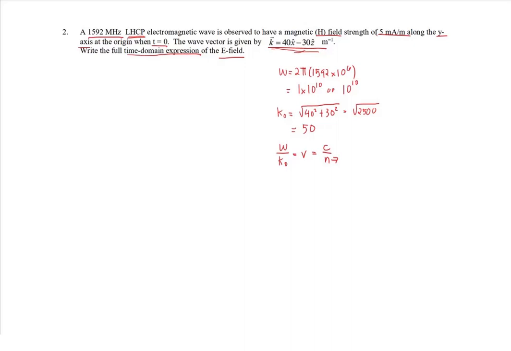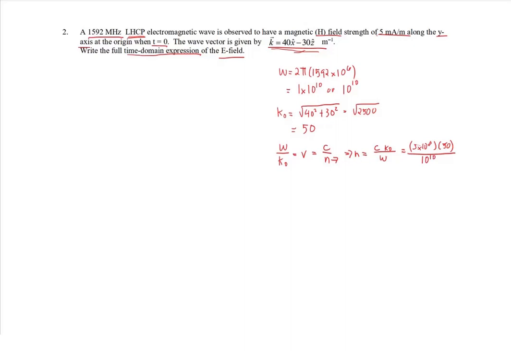So n is just going to be equal to c, which is the speed of light, times k naught over omega. That is 3 times 10 to the 8 times 50, or k naught, all over 10 to the 10.